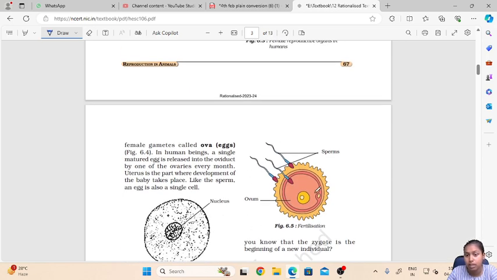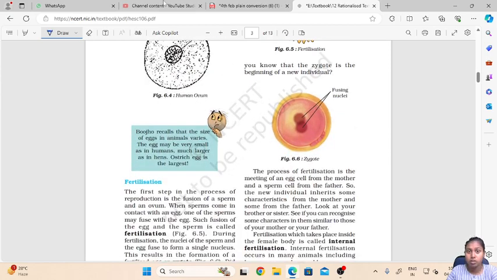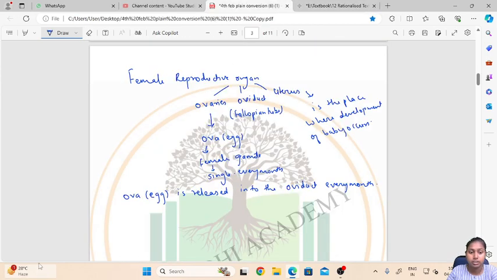So this is the fertilization where the sperm enters the ovum. So what is fertilization?